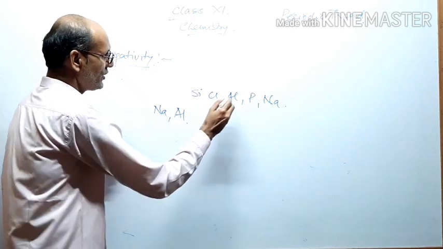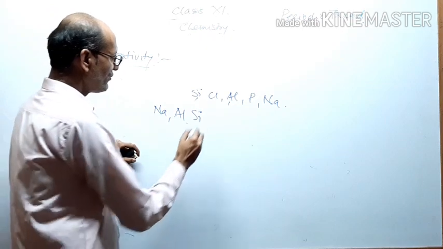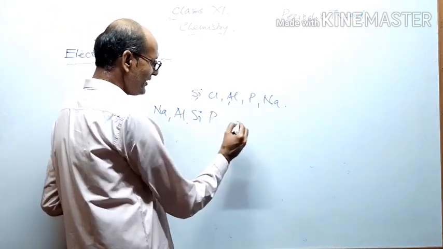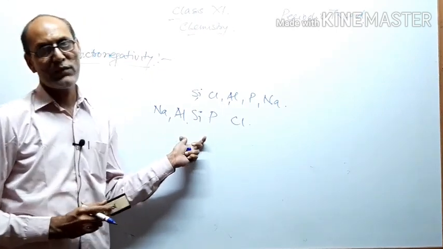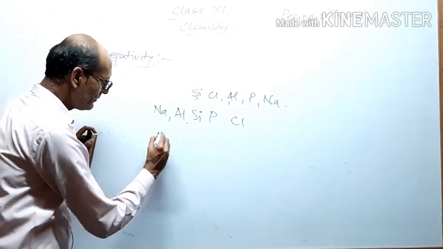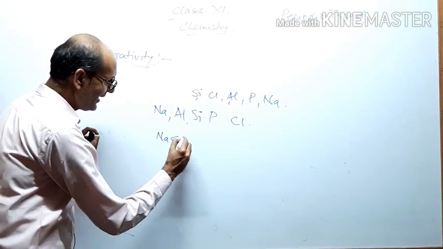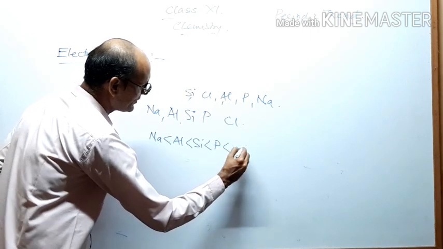Then group 14, silicon. Then phosphorus, group 15. Then Cl. Now keep the concept that on moving from left to right, electronegativity increases. That means Na is less than Al, less than Si, less than P, less than Cl.